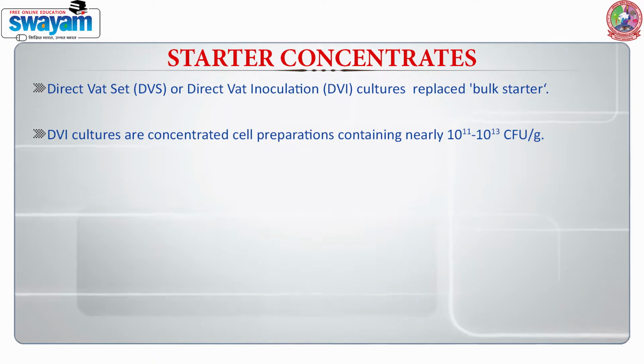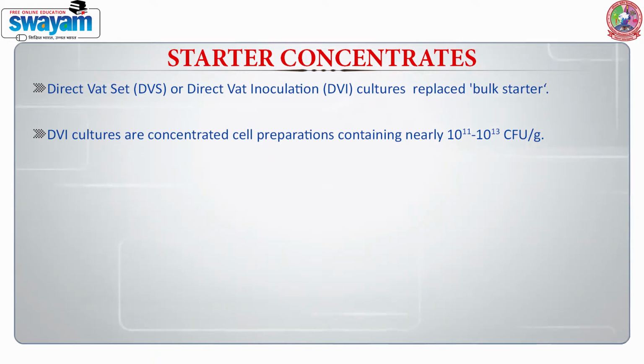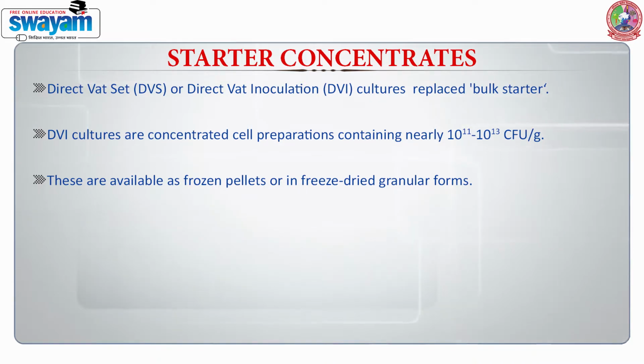DVI cultures are concentrated cell preparations containing a very high count of 10^11 to 10^13 colony forming units per gram of the starter. These are available in two physical forms, as frozen pellets or as freeze dried granular forms.